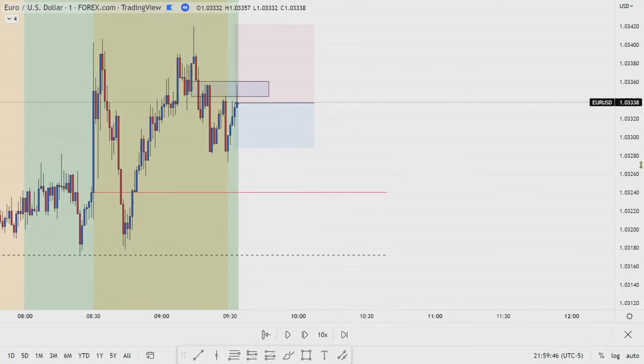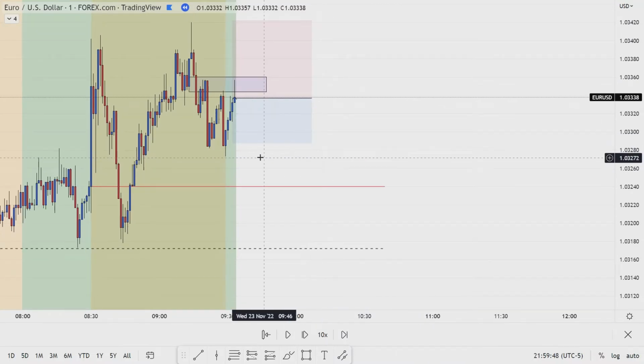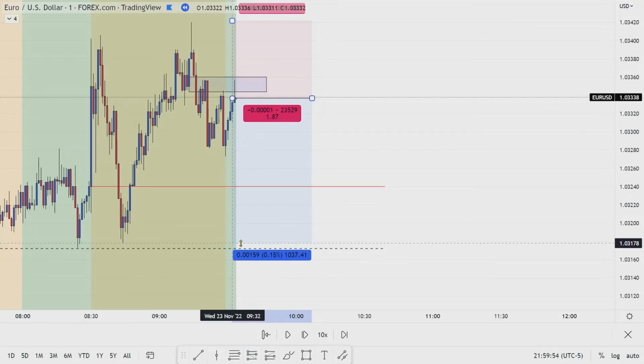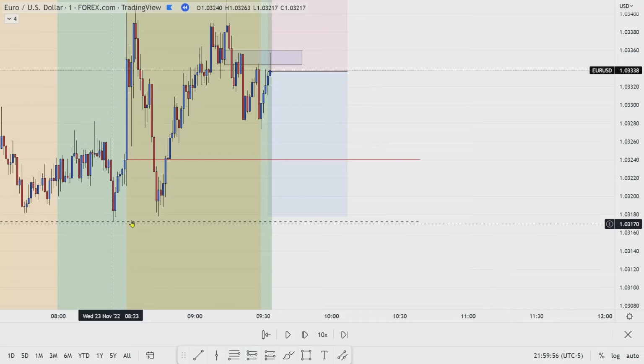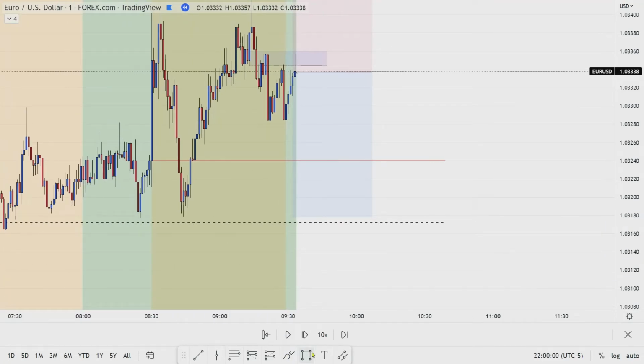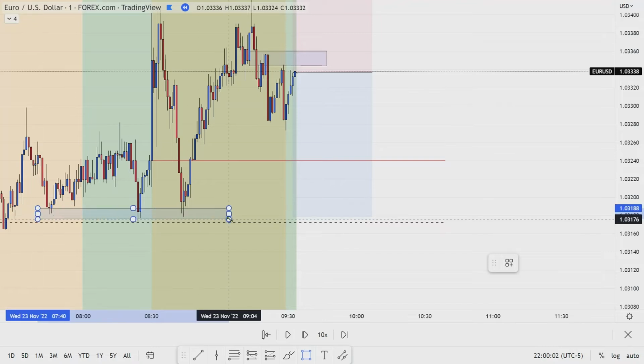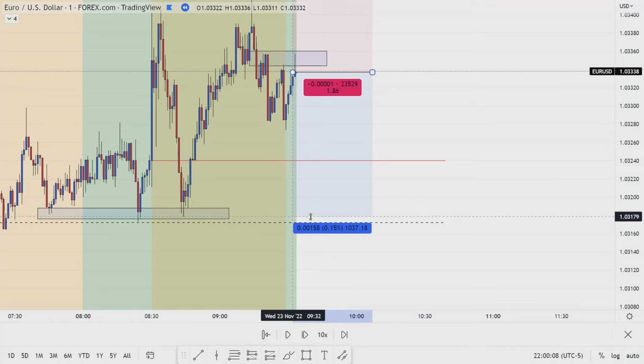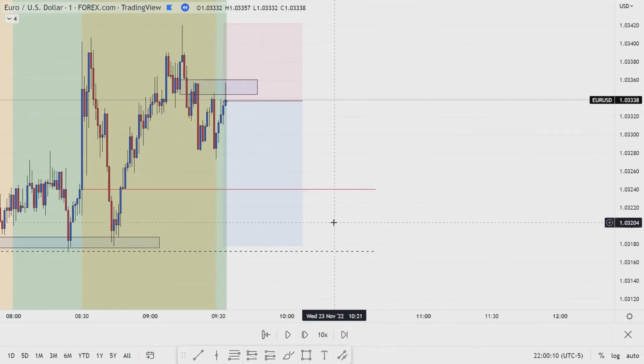And for the targets, we have this low, which wouldn't be low enough, but we have this other low, which is very close to this and this. So all of these areas right here are liquidity. So I'm just going to target this low right here, just around the other lows as the target.